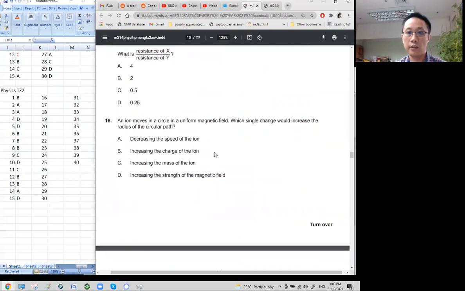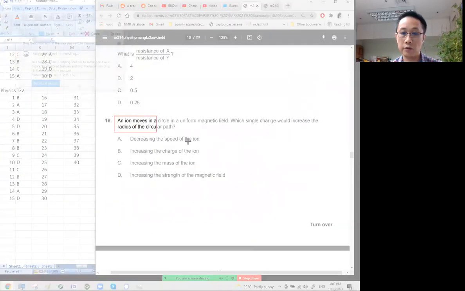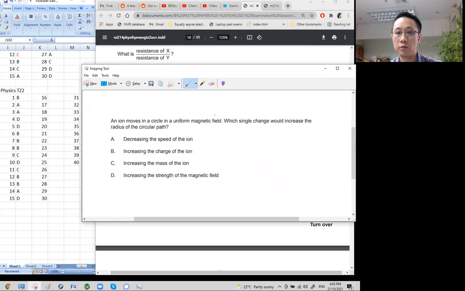Question 16. An ion moves in a circle in a uniform magnetic field. What single change would increase the radius of the circular path? The equation for this is derivable from the formula book. For circular motion, the magnetic field generates a magnetic force which serves as the centripetal force.